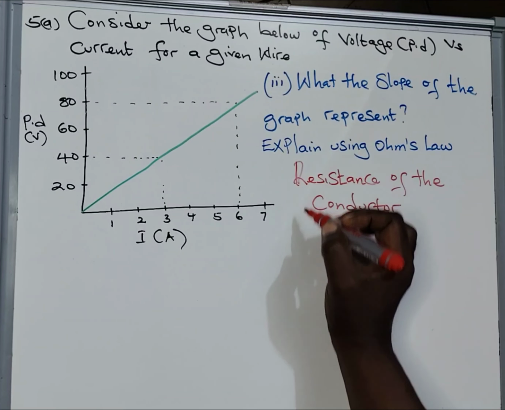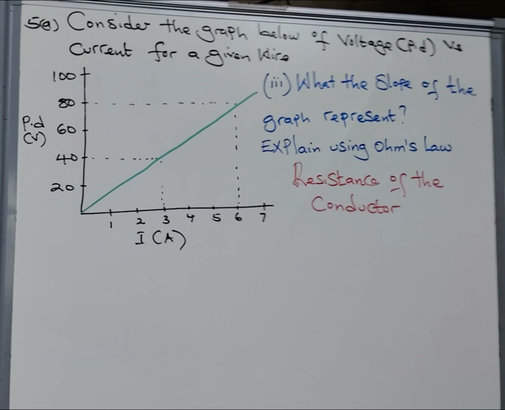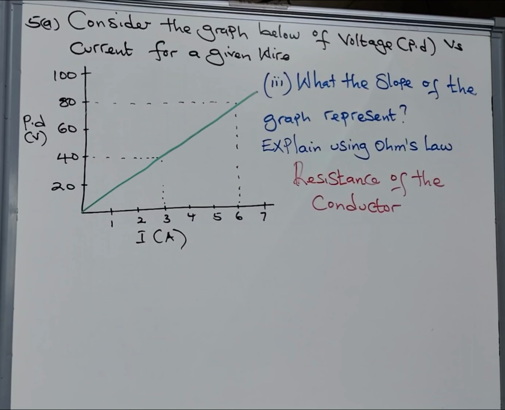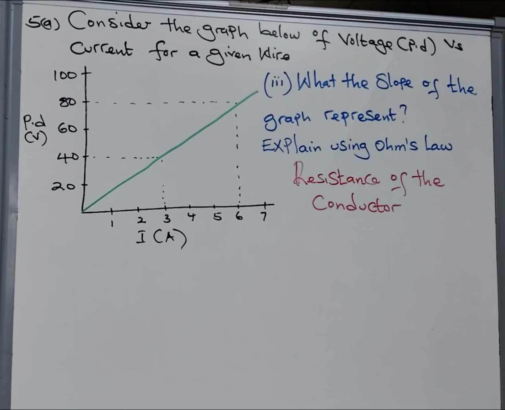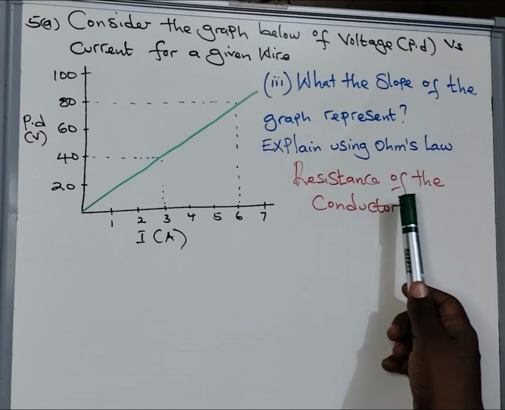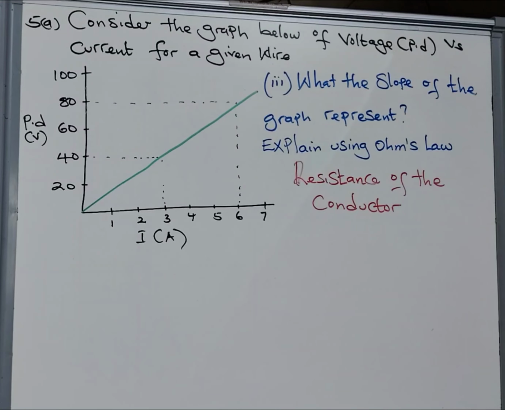And they said prove or explain using Ohm's law. So how do we prove that the slope represents the resistance of the conductor?